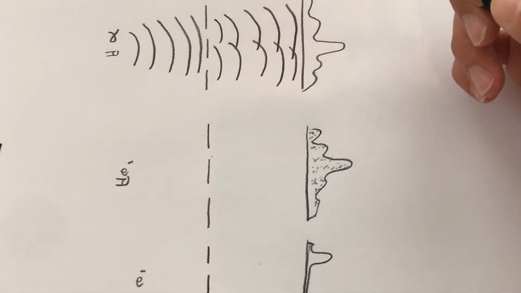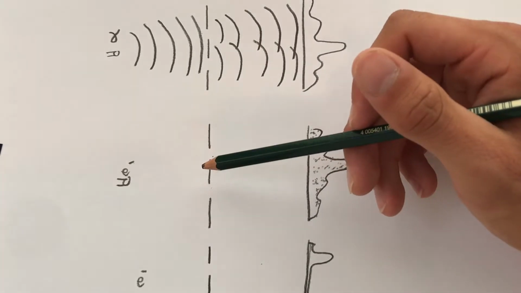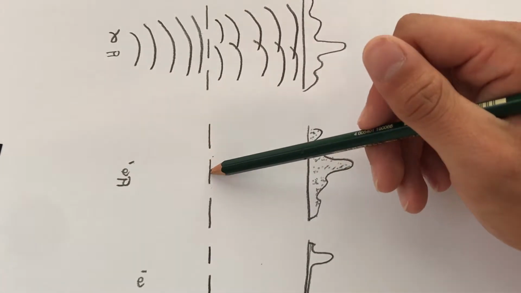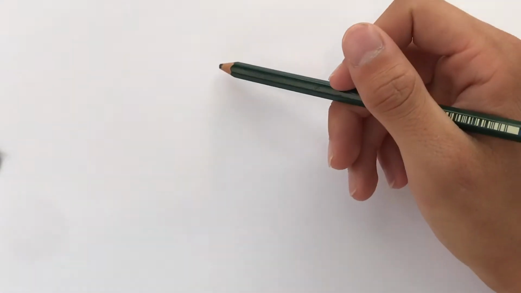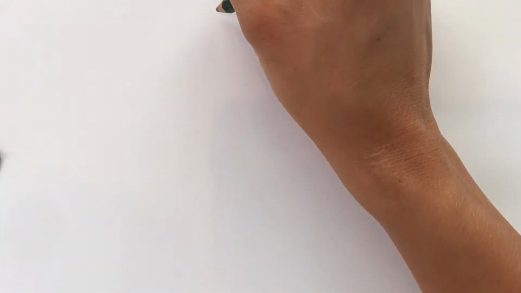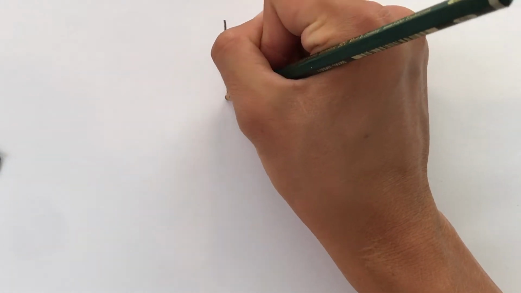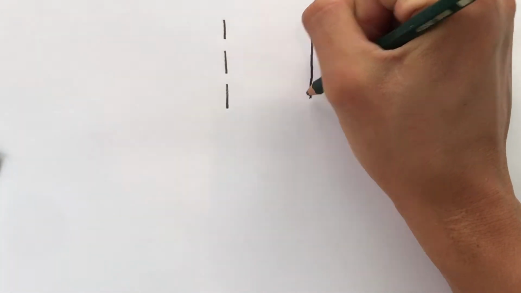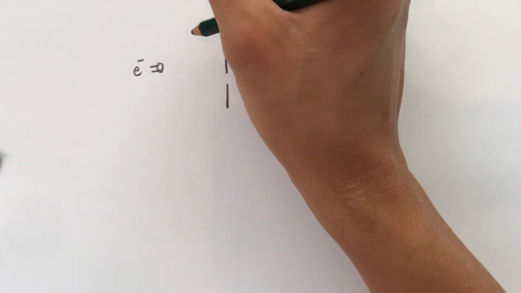We want more information from this experiment, so let's try to conduct this experiment slightly differently. Let's do the same experiment here, the double slit experiment. We have two slits and a detection screen right over here, and here we have the famous electron cannon that shoots out one electron at a time.